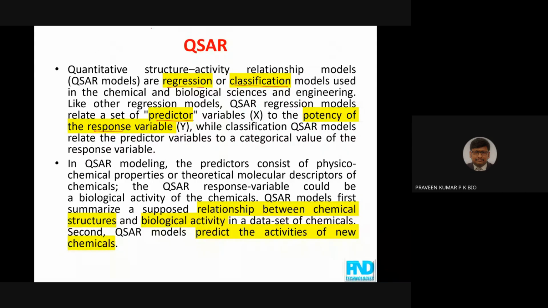For example, if you have a graph with molecular weight of some 20 compounds in a data set, and if you have log P, that's what you can see even in ZINC 15 or ZINC 20 database.